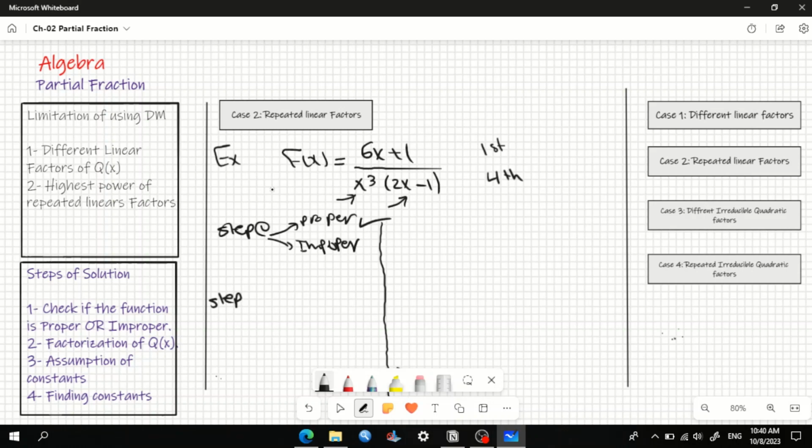Step 2: we have here a repeated linear factor and a different factor, a single different factor. So q of x is factorized.